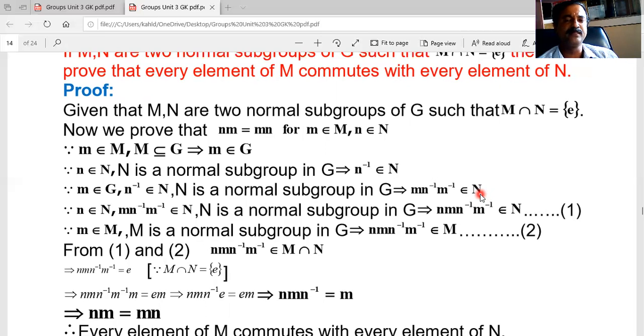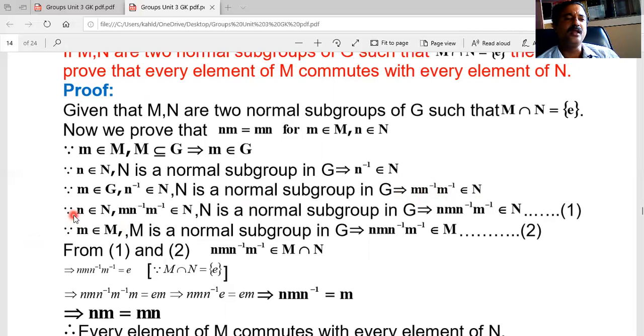All these theorems are proved by the definition of a normal subgroup only. So all of you must understand the normal subgroup definition very well to prove any theorem in this unit. Okay, right? All of you understand that?